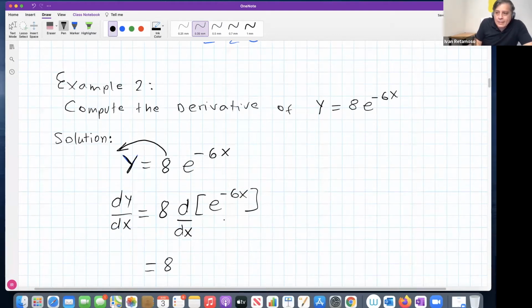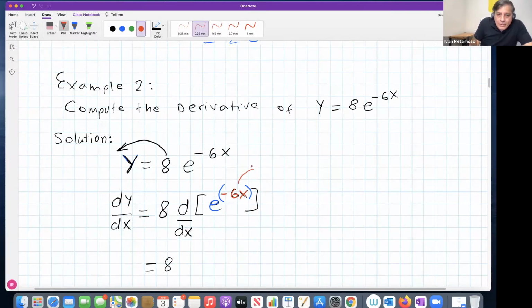Now, for this derivative, guys, I want you to think of these exponential functions as follows. e raised to something. And this e raised to something should be considered to be your outside function, okay? And this minus 6x should be considered to be your inside function.